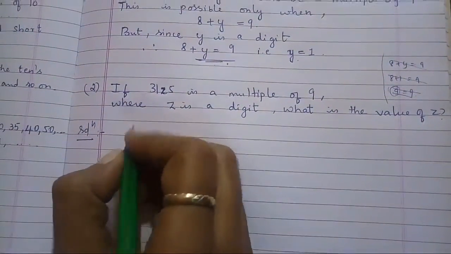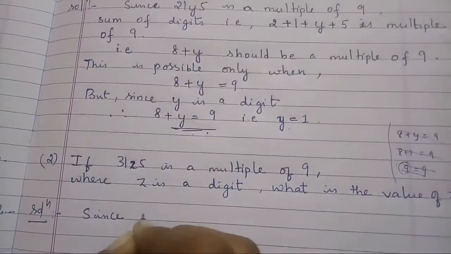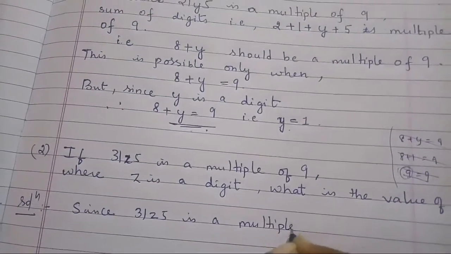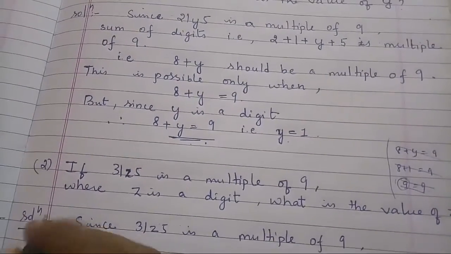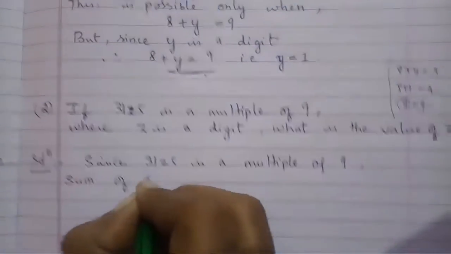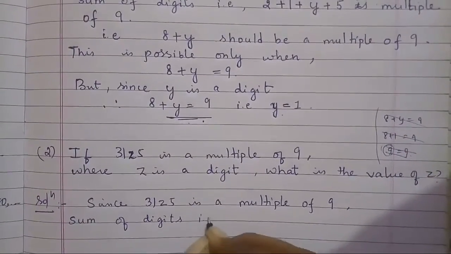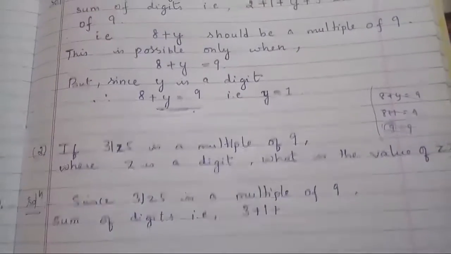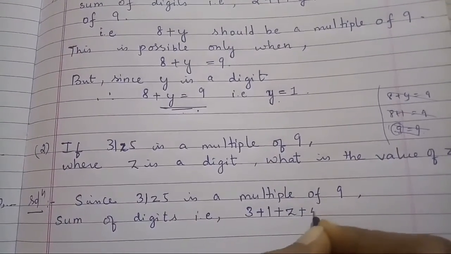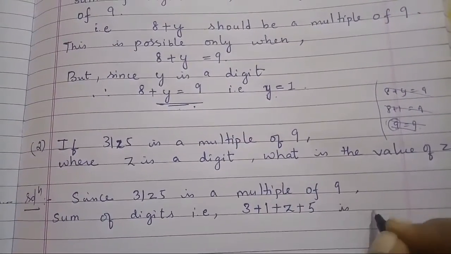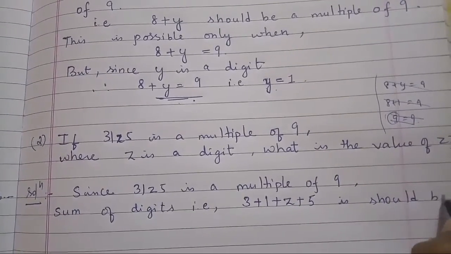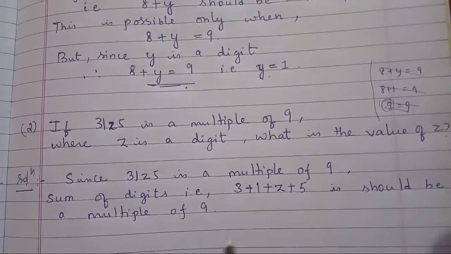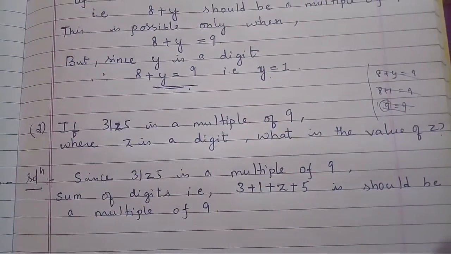Similarly, as I solved the first problem, here also, since 31z5 is a multiple of 9, the sum of digits can be written as 3 plus 1 plus z plus 5. It should be a multiple of 9.